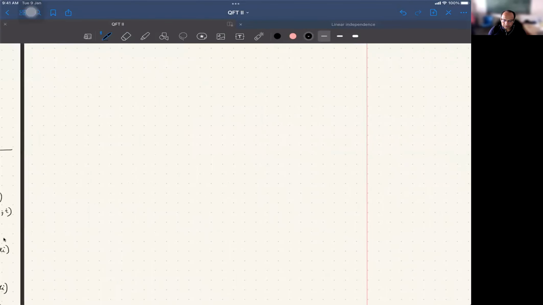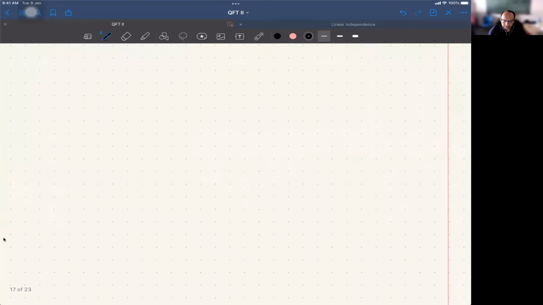Now let's have a look at insertions in the path integral.